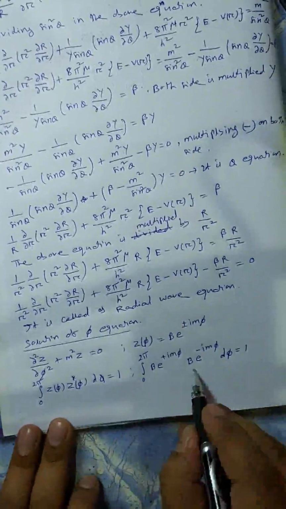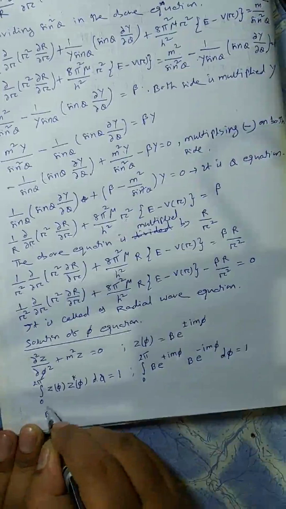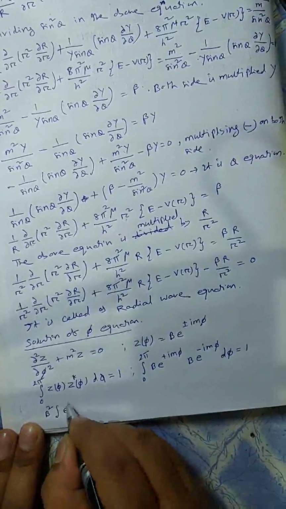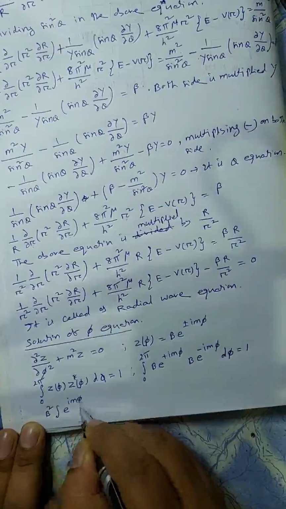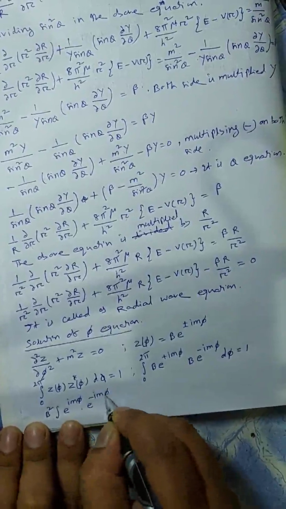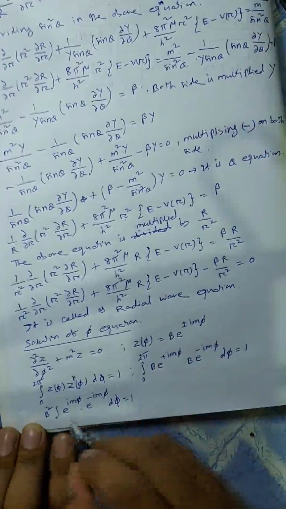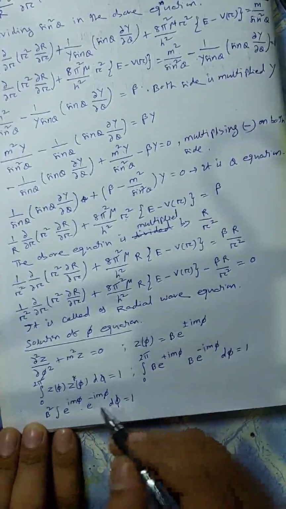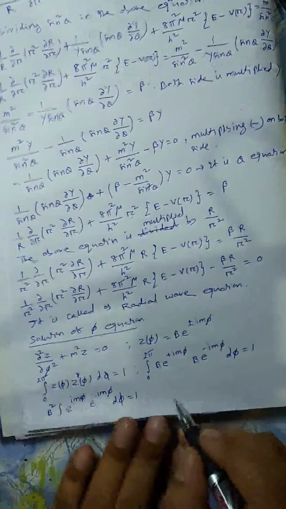This B square comes outside, B square, then what is remaining? e to the power i m phi, it is positive, into e to the power minus i m phi d phi is equal to 1. e to the power x, e to the power minus x, plus x minus x cancel, 0, so e to the power 0 is equal to 1.